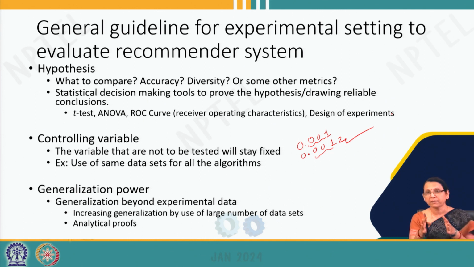It is the experimental variable. Suppose you have 5 data sets and you are going to test 10 algorithms. It is not that each algorithm will be tested with a different data set. All the algorithms will be tested with all the data sets. If you do not keep one of the things fixed, let us say you decide that you will be testing all the algorithms using this data set.